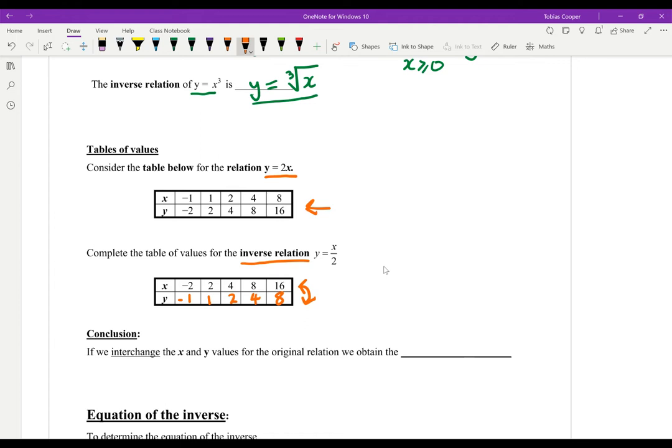All right, so you'll notice that the x values are now the y values of the inverse relation. And if you look at the y values of the original function, they are now the x values of the inverse. So our conclusion then is if we interchange the x and y values for the original relation, we obtain the inverse relation.